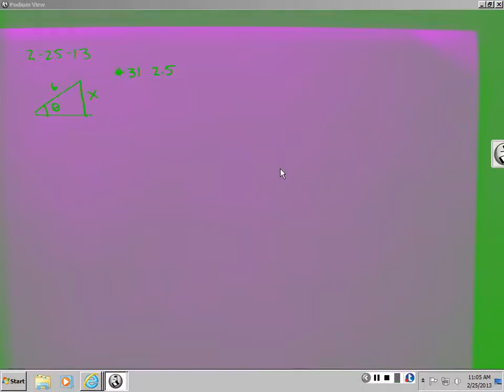So the relationship would be sine of theta equals x over 6, right? So I could write that as 6 sine of theta equals x. Now I differentiate this with respect to t.